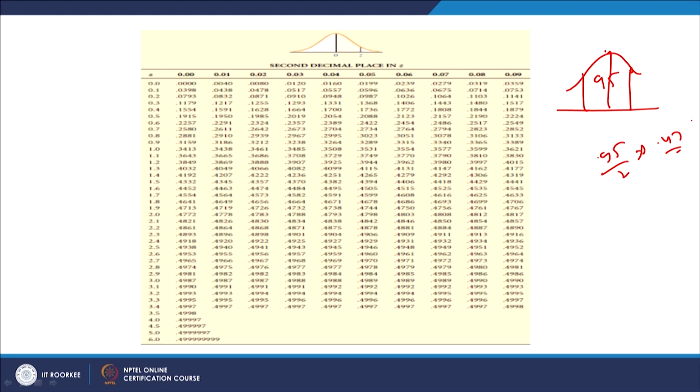So, look at the Z value where the probability is 0.475. The Z value is 1.96, right.